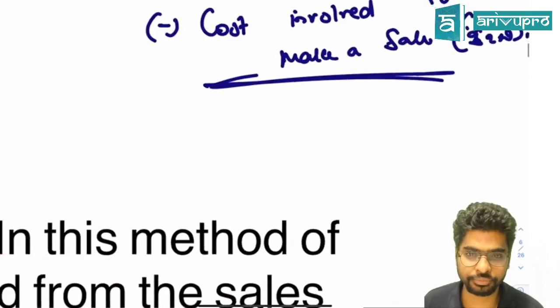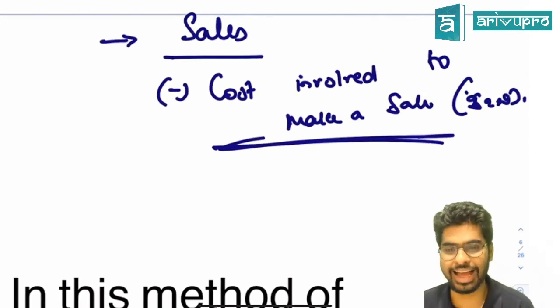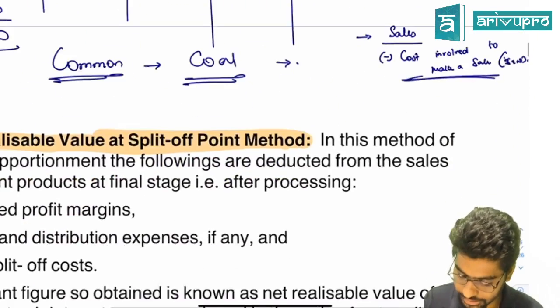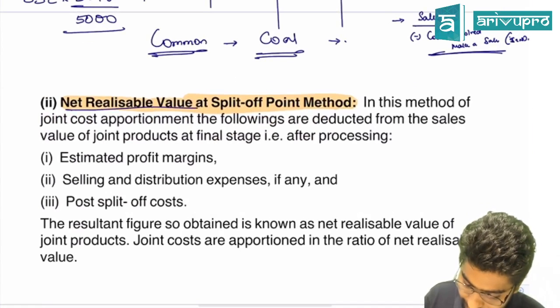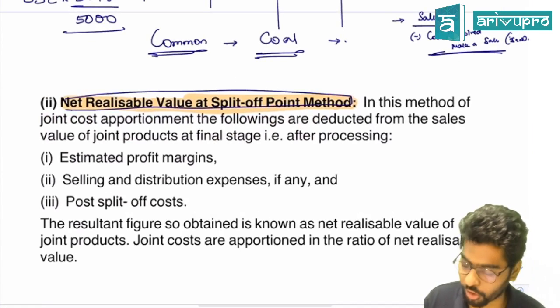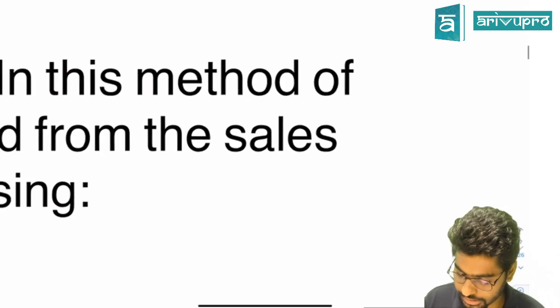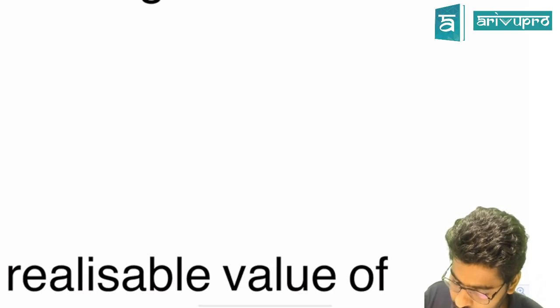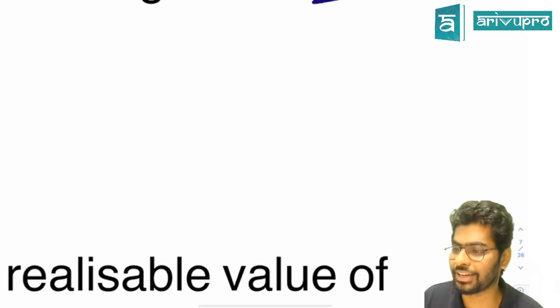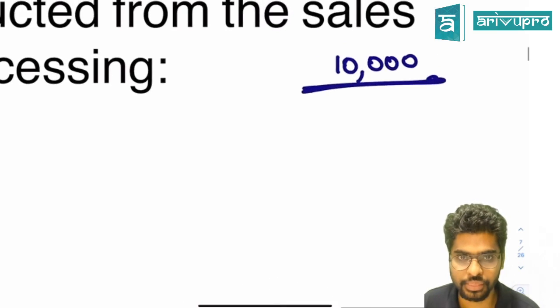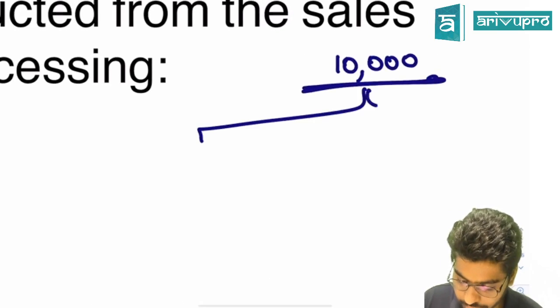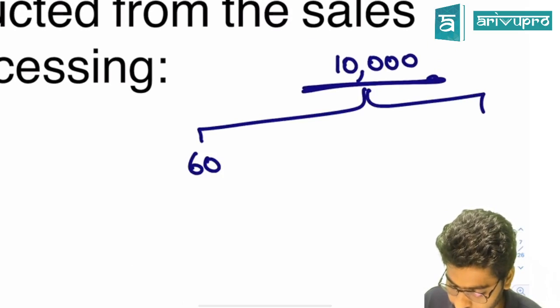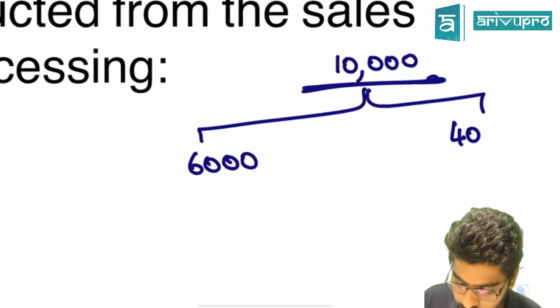Now, what happens in this case? Here they want you to find net realizable value at the split off point. What does it mean? Let's say I've spent 10,000 rupees, and this was divided between two products in the ratio 6,000, 4,000.